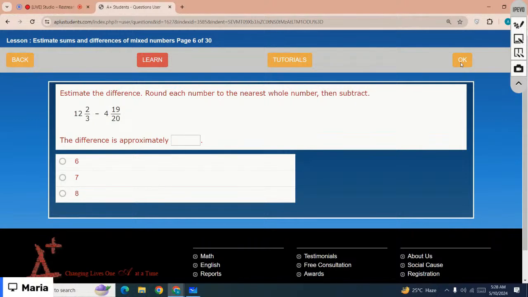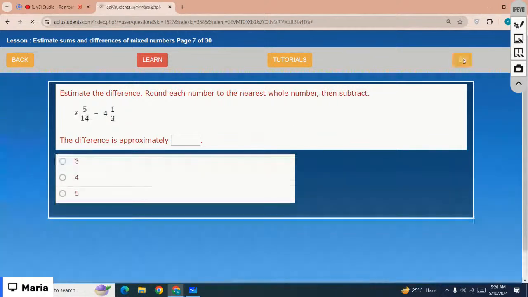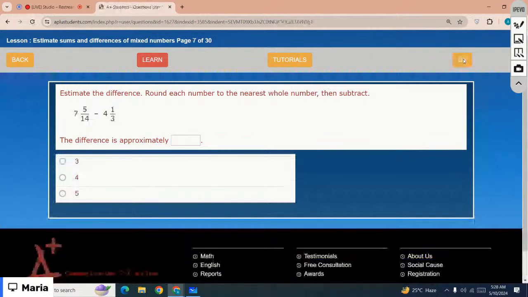That would be 13 minus 5, and that equals 8. The correct option is 8. Next, 7 whole 5 by 14 minus 4 whole 1 over 3.